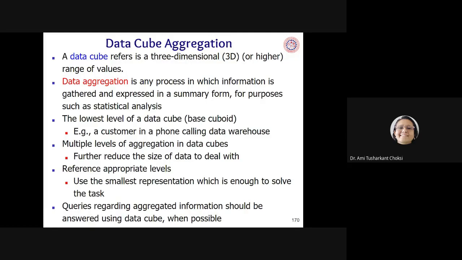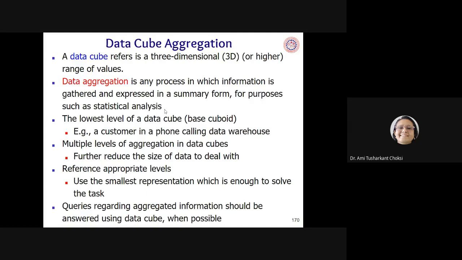So a data cube refers to three-dimensional or higher range values. Data aggregation is any process in which information is gathered and expressed in a summary form for purposes such as statistical analysis.